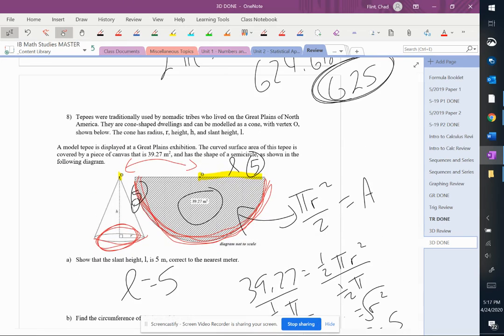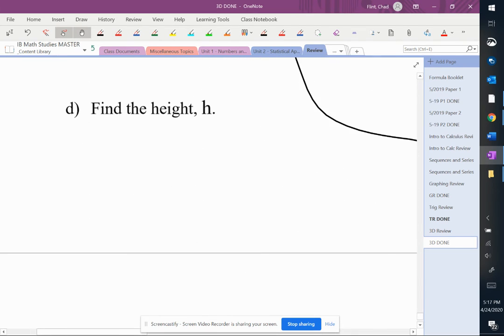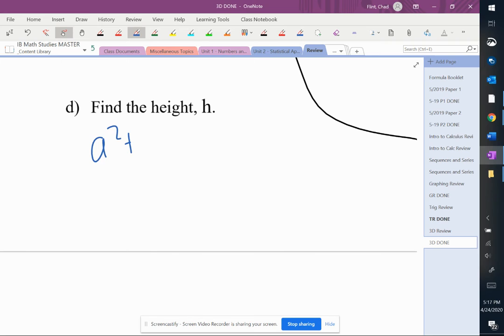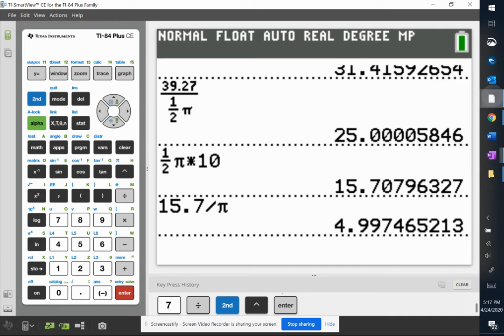Now I've got to zoom in here a little bit so I can make sure we can see this. This is 2.5. That slant height right there is 5, and I want this. It's a Pythagorean theorem question now. 5 is the hypotenuse. So it's going to be a squared plus b squared equals c squared, with 2.5. And then remember that the 5 slant height is the hypotenuse. That's 6.25, I believe.